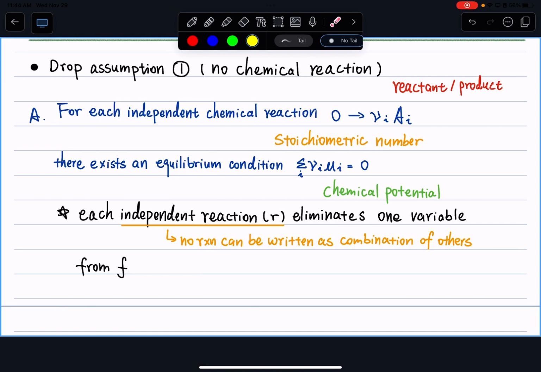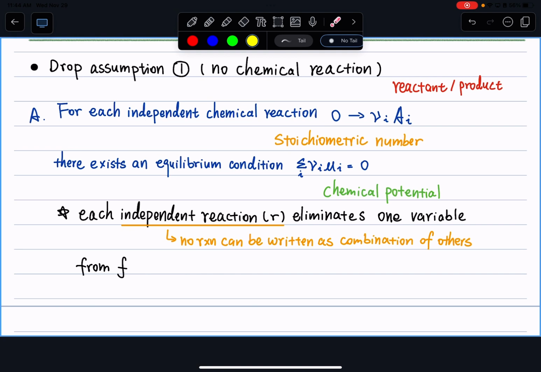Just think it through. Every time we are building a connection between your intensive properties, we're eliminating 1 degree of freedom. So when we say independent chemical reactions, what we are saying is at equilibrium, the sum of these chemical potentials equals 0.